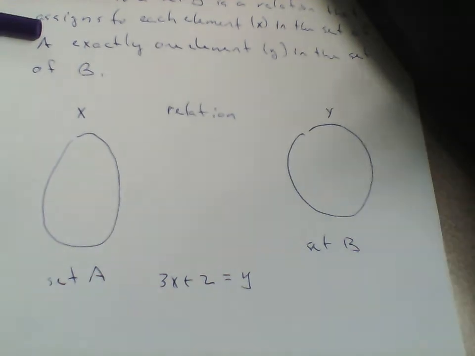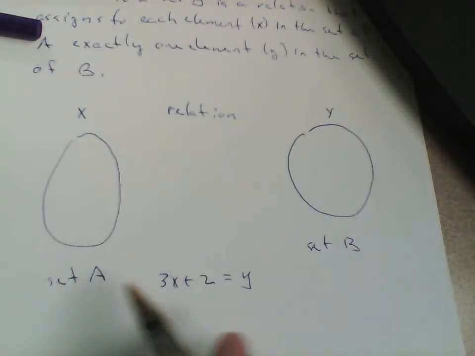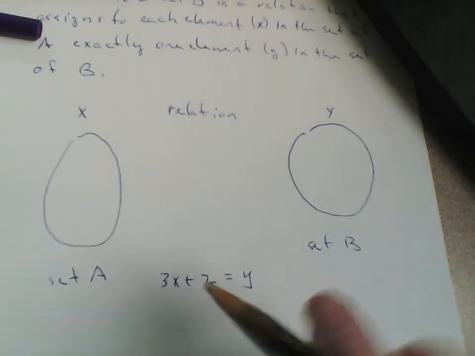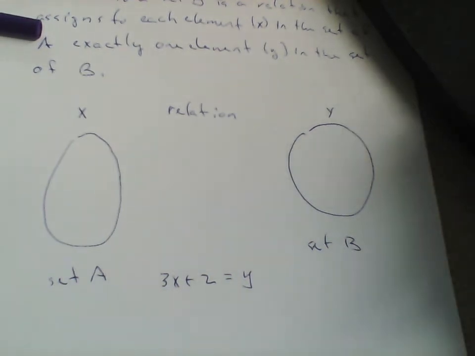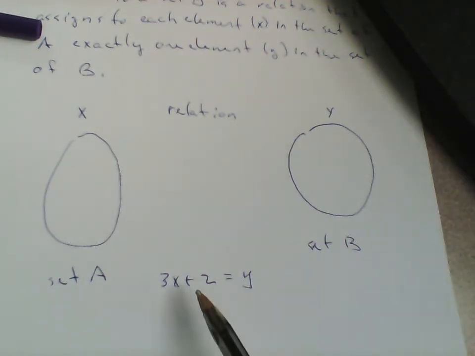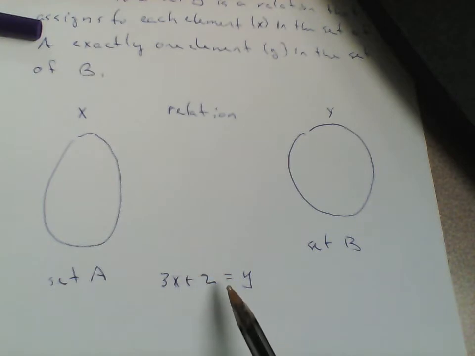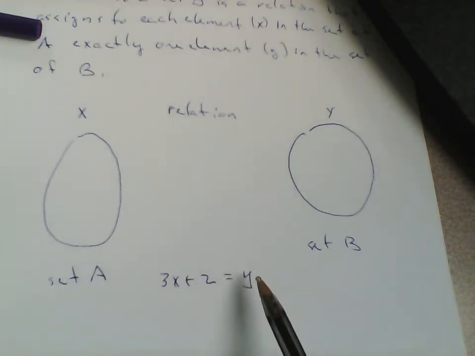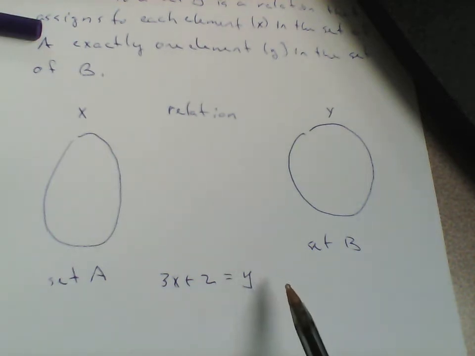Anything we decide x should be, we're going to multiply times 3 and add 2. And that's what a relation is. It's what is the relationship between x and y? Well, we're going to take x, multiply it times 3, and add 2. Y is just what happens after we've multiplied by 3 and added 2.